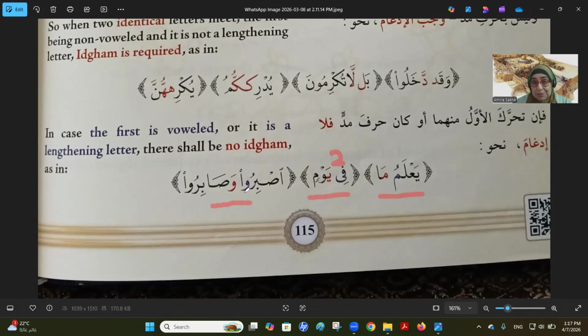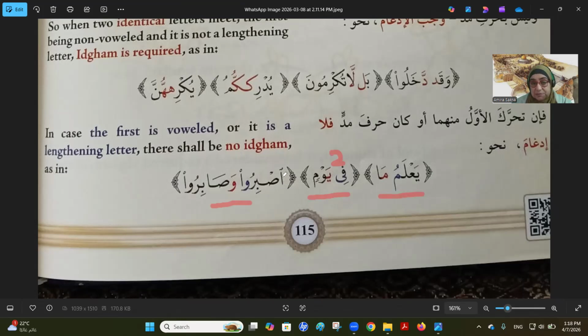So no idgham, no merging, because we said two conditions: the first one is sakin and the second one has a short vowel, and the first one is not a mad letter. So how are we going to pronounce it?